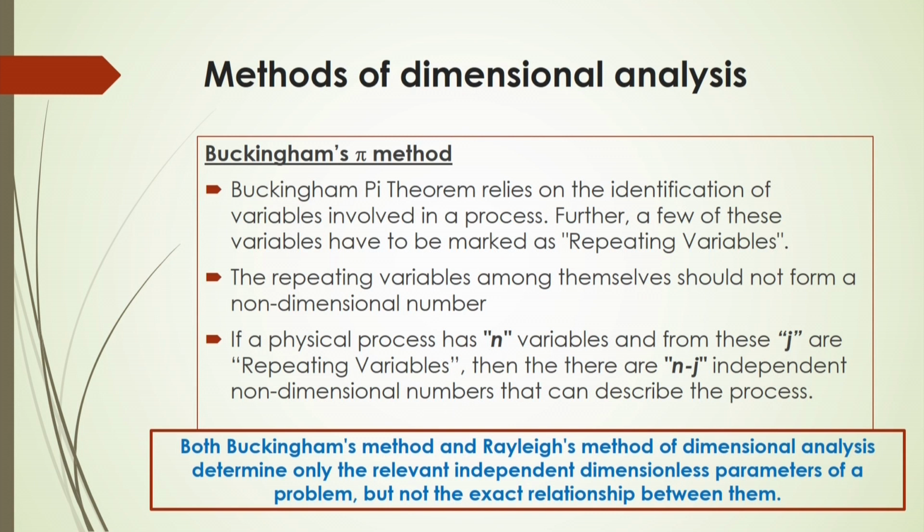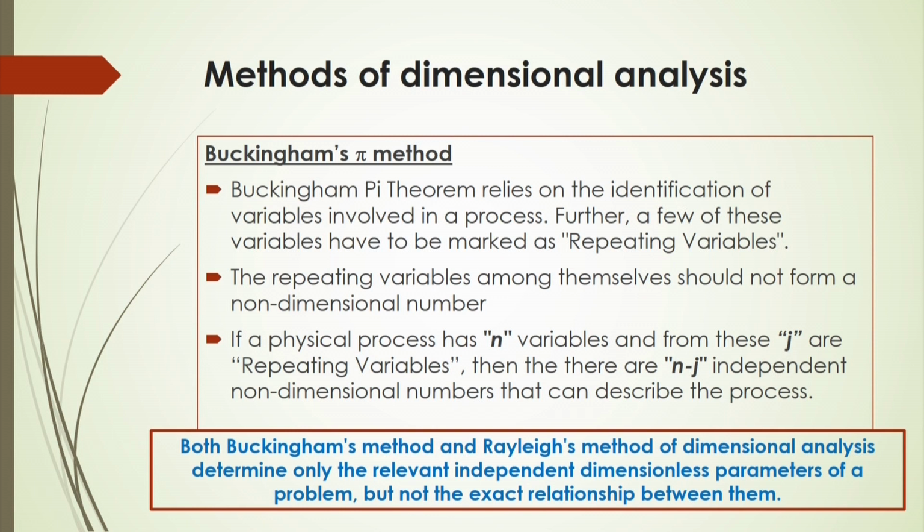Now, among these variables there should be fundamental variables with some fundamental units. So, some variables will be identified in such a way that they can be used repeatedly for the analysis, and they should be independent variables. Those independent variables to be used are called repeating variables.